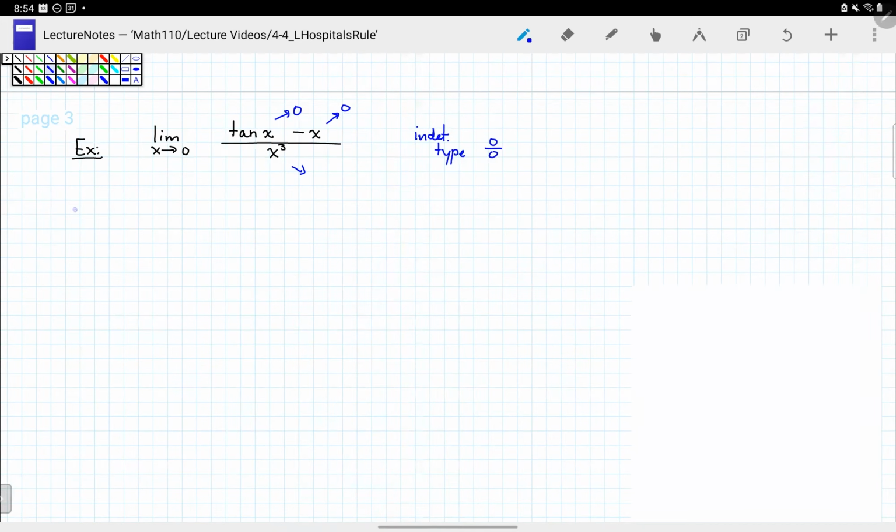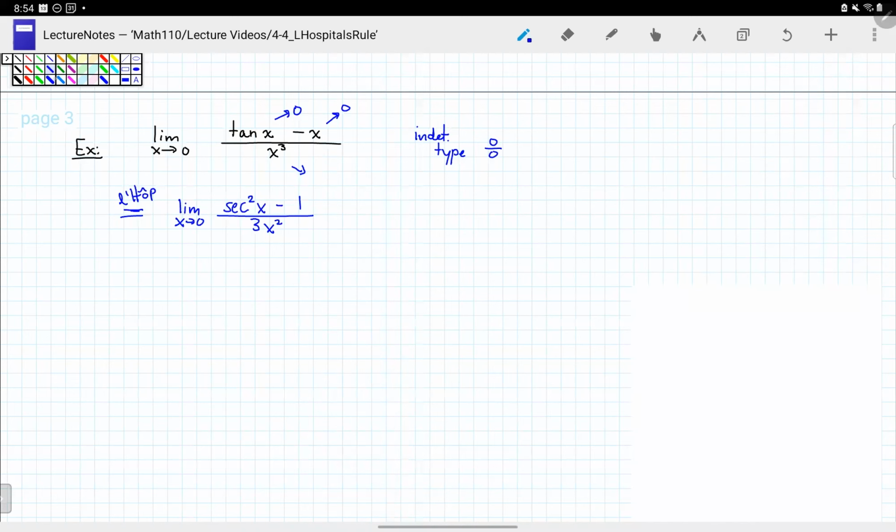So I'm just going to write equals. I'm not going to repeat that. So this equals, under L'Hopital's rule, the limit as x goes to 0 of the derivative of tangent, which is secant squared of x, over the derivative of x, which is 1, and the derivative of x cubed is 3x squared.